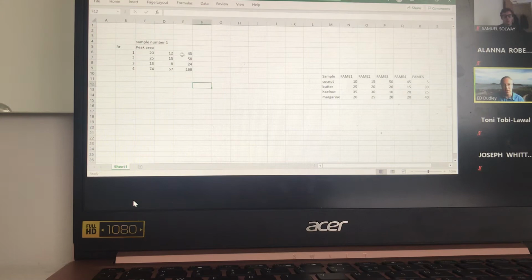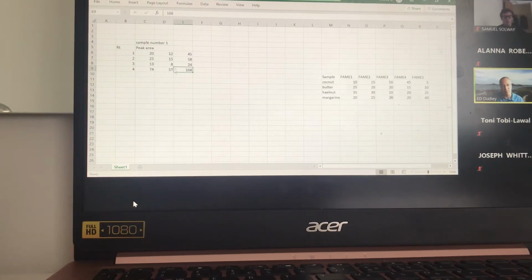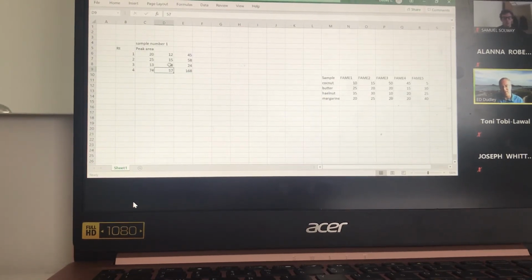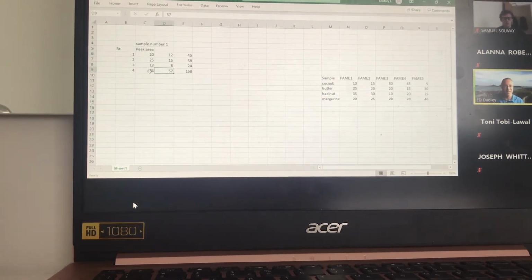And this extraction seems to have worked a lot better, for example, than this extraction, because the numbers are all higher in this extraction than they are in the comparative peak for this extraction. And so you can't just take the numerical average of those 3. So what we're going to do is create a normalized value.